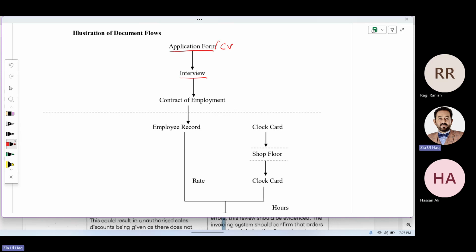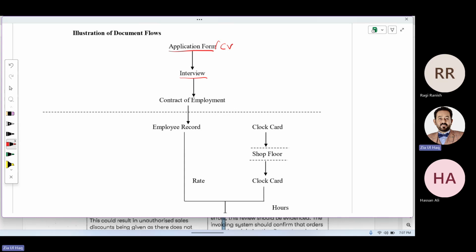In the interview, they will discuss certain things. Whether this employee will work normal time or also work overtime. What could be the rate for normal work? If he will work overtime, what could be the rate, either double of normal time or 1.5 times normal time?